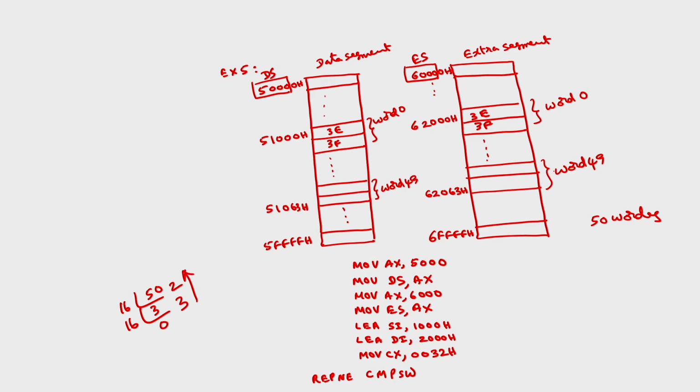Without this, until the end of the array is reached, it will come out of the loop. If I add this prefix, whenever a match is there, it will also come out of the loop.